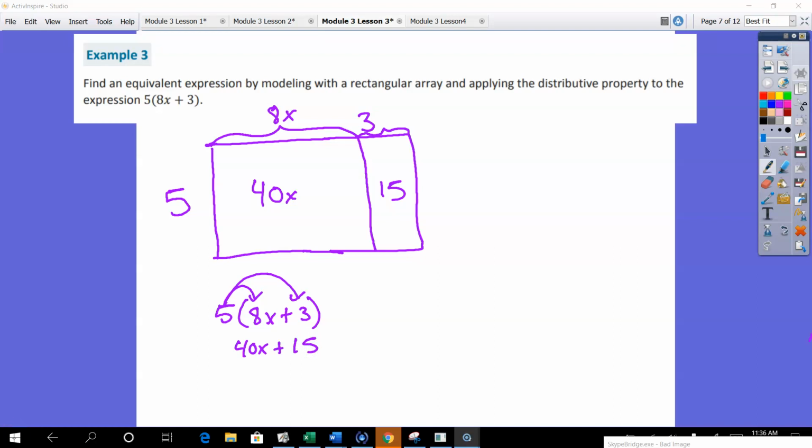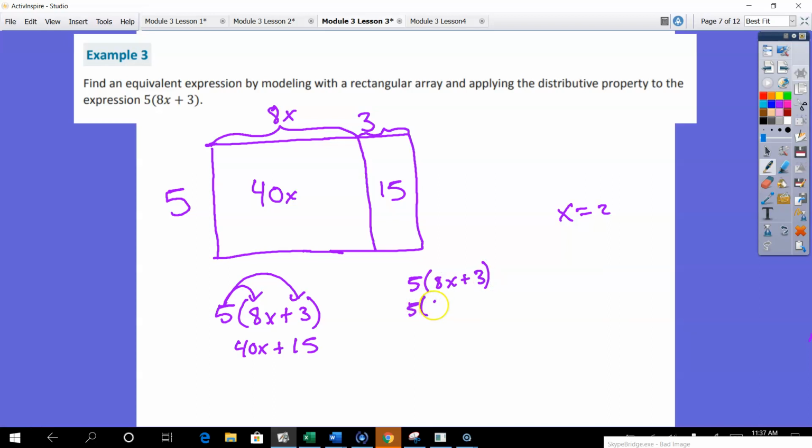So in lesson 2, we talked about substituting a number to check to make sure that it would be correct. I like to use simple numbers, so we can say x is equal to 2. And make sure that both of these work when I say that x is equal to 2. So in the first one, we have 5 times 8x plus 3. We always rewrite the problem.